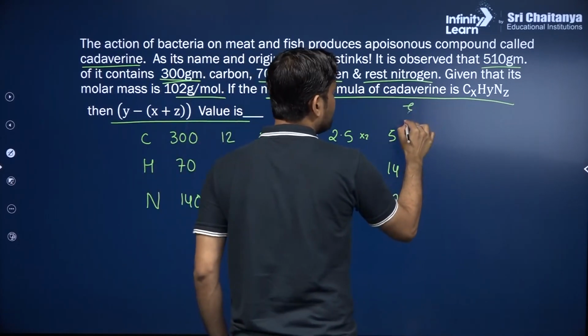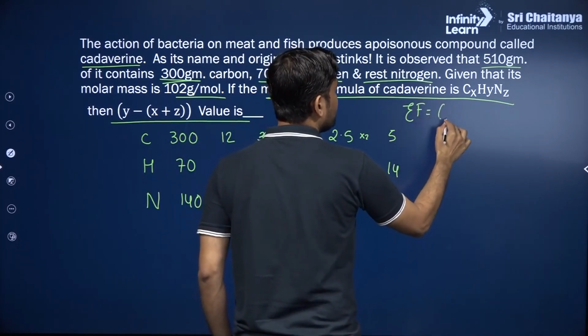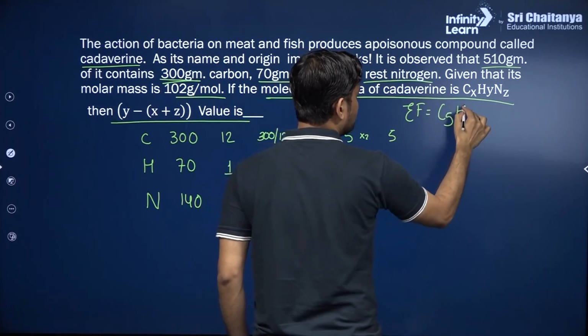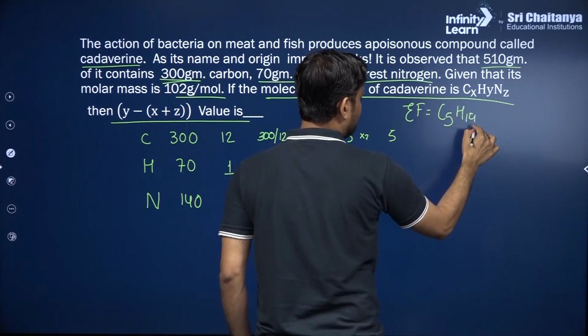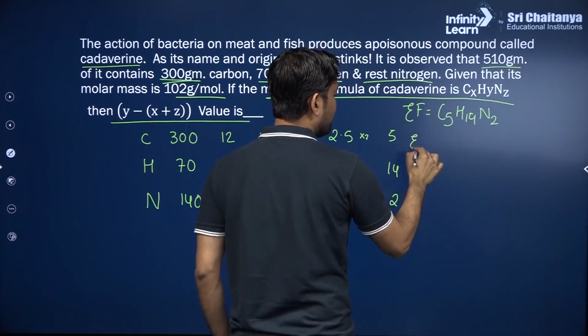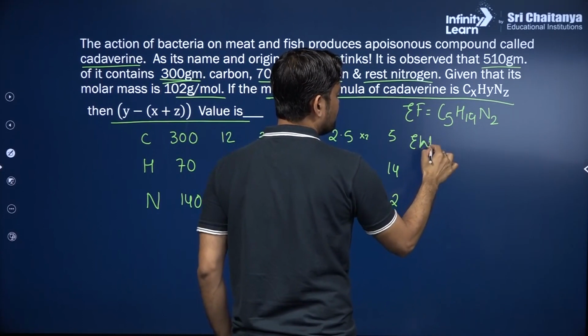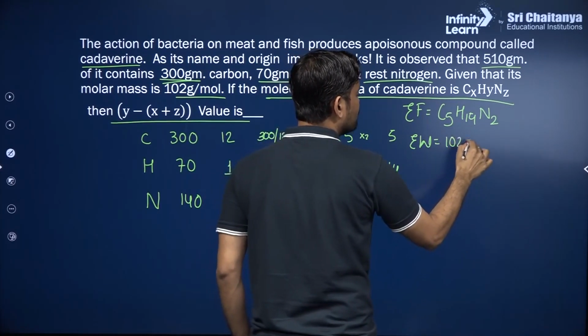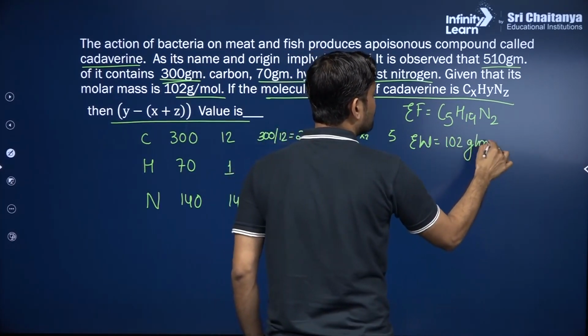So what is the empirical formula over here? Empirical formula is C5H14N2. If you calculate empirical weight, it will be 102 gram per mole.